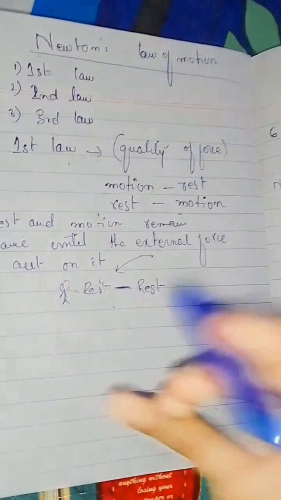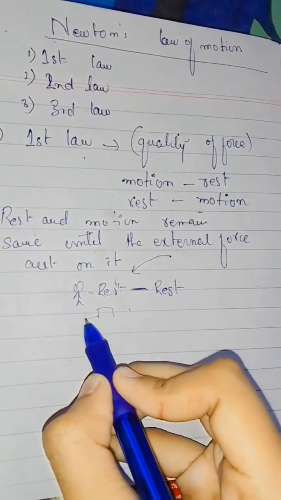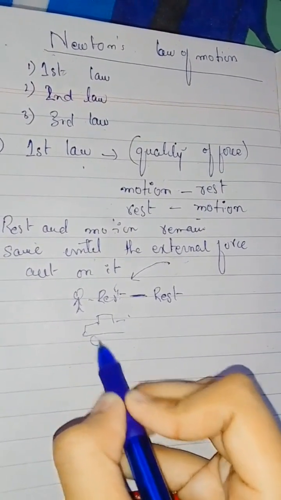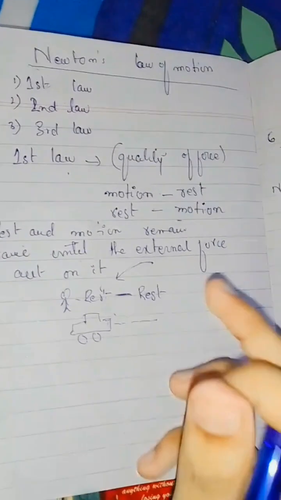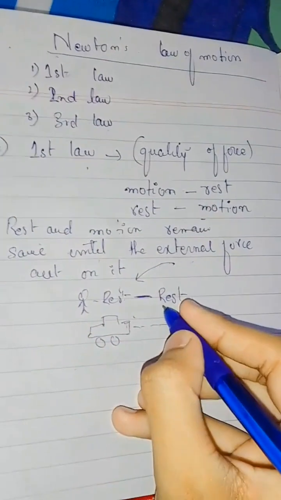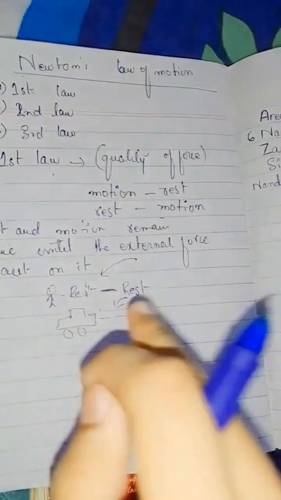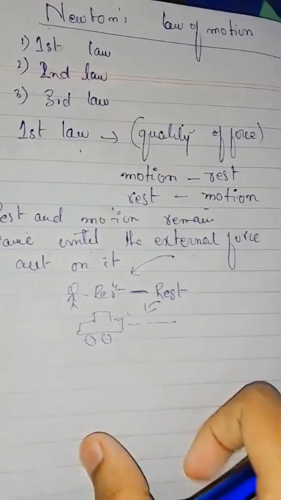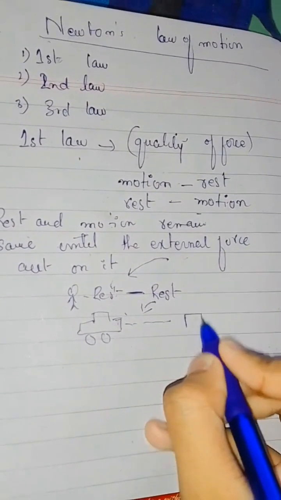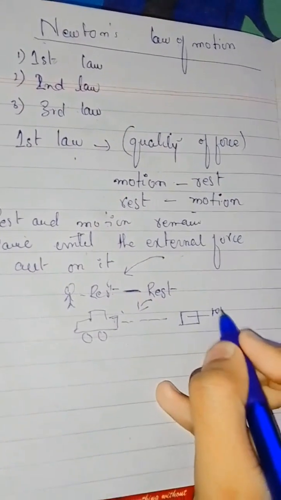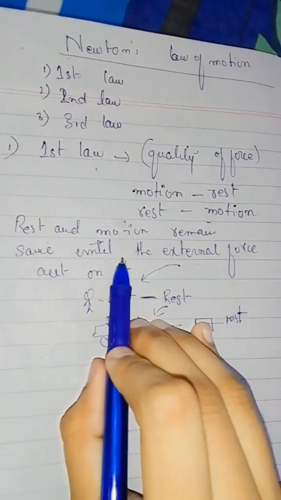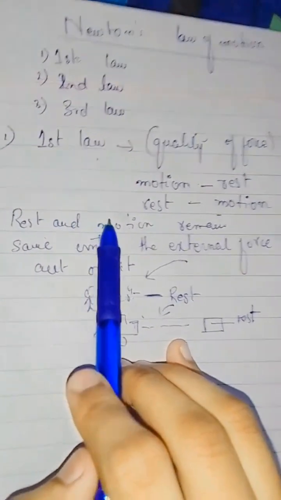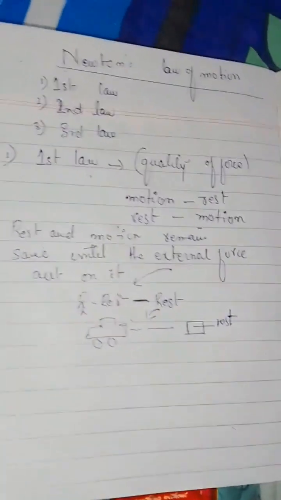For example, if a car is moving, it will continuously move until an external force is applied on it. As the external force is applied, it will stop moving, so it becomes at rest. That is what the first law is saying: rest and motion remain the same until an external force is applied on it.